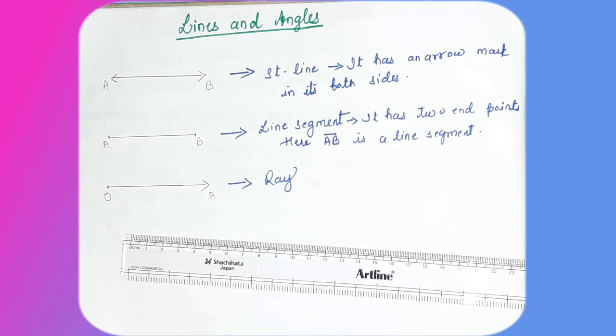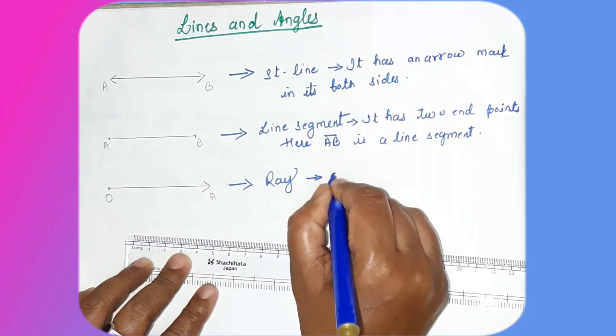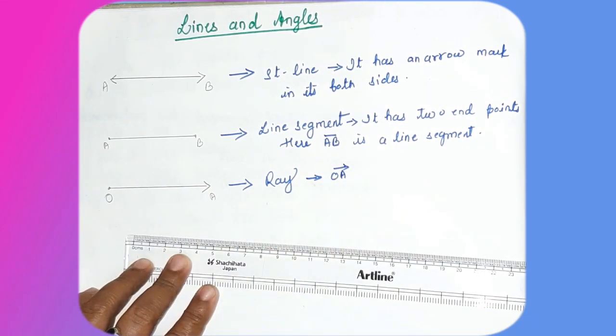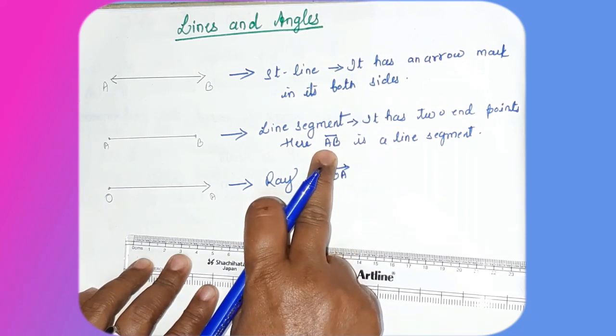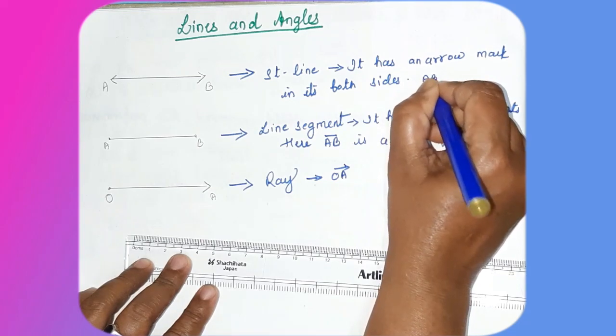That means ray has just one direction, and here OA is a ray. See the symbol. Okay. This is ray and this is line segment, and here also AB.